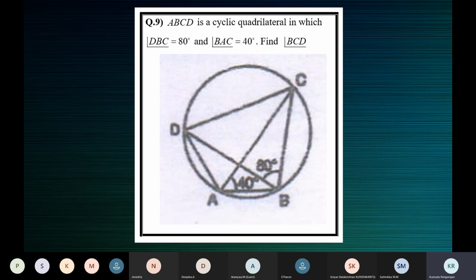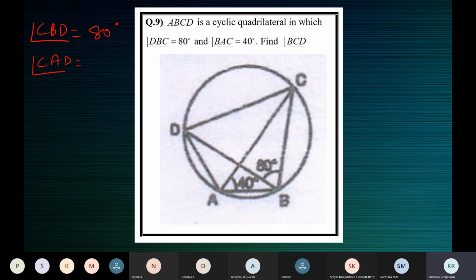I hope all of you have copied the question and drawn the figure. Tell me, children, what is the measure of angle CBD? 80 degrees. Angle CBD measures 80 degrees. What is the measure of angle CAD?